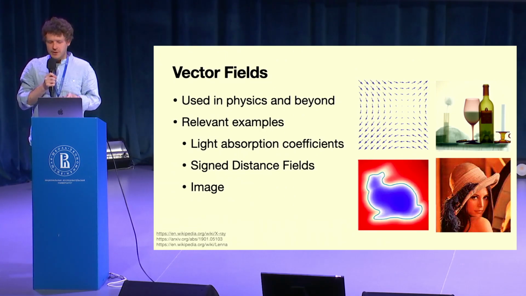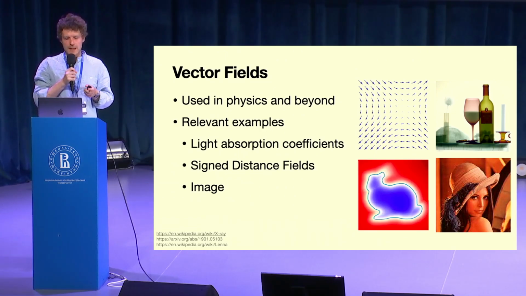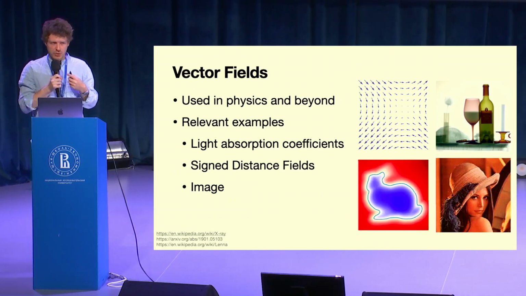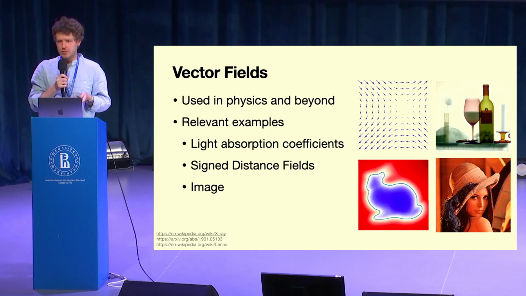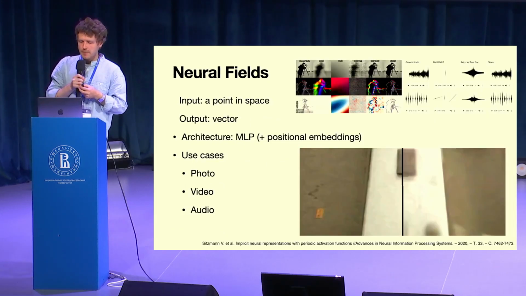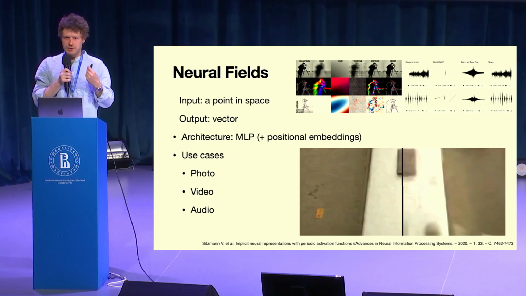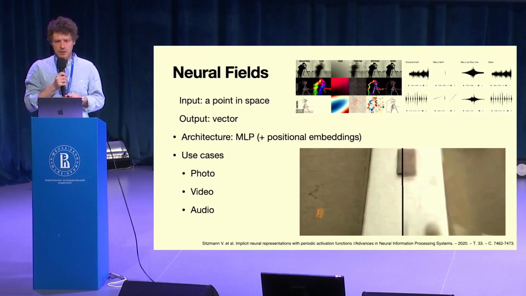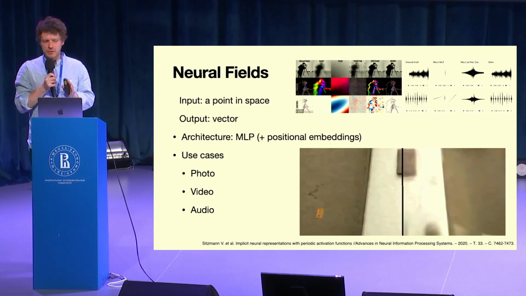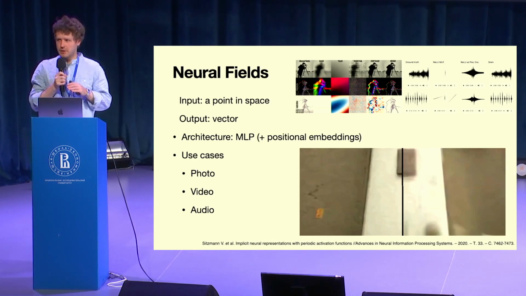Okay, now that we've discussed vector fields and their different faces, let's move on to the term neural fields, which is central to this topic. So a field is an object that takes a point and returns a vector or a scalar value. And several years ago, several seminal papers were published that studied the idea that you can represent fields with neural networks.